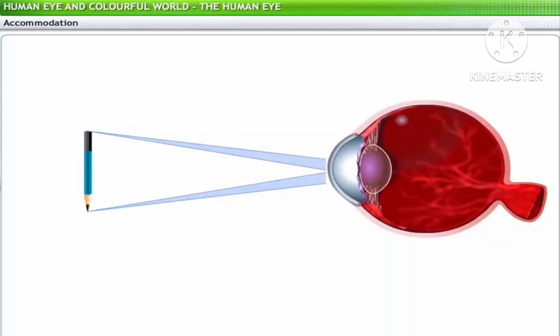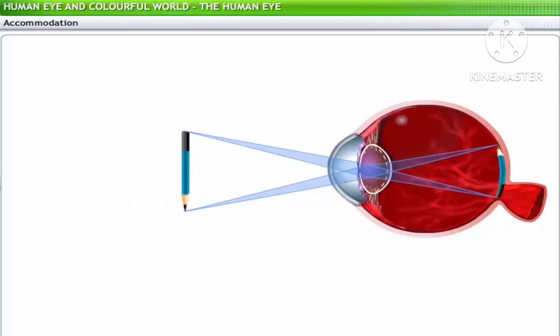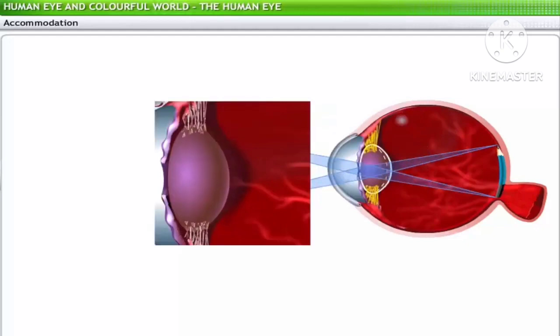To do this, the thickness of the lens should be decreased. Conversely, to decrease the focal length, the thickness of the eye lens should be increased. To accomplish this task, ciliary muscles are used. The contraction and relaxation of these muscles helps to alter the curvature of the lens.